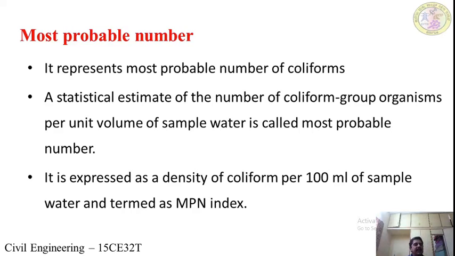The result of each sample is noted as positive or negative, and a probable estimate of the bacteria present may be worked out using statistical estimates. That is called the most probable number. It is expressed as the density of coliform per 100 ml of the sample. The number of bacteria present per 100 ml of the sample is taken as the MPN index.